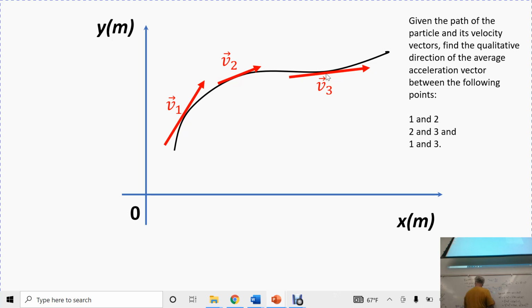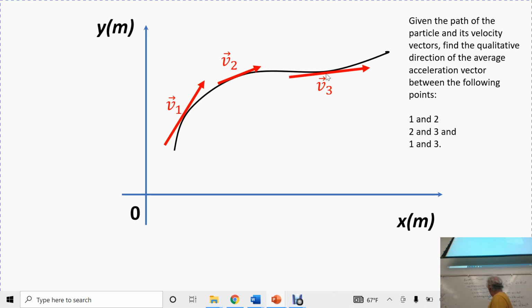Now we're talking about average acceleration, which is delta v over delta t. That's the next quantity.